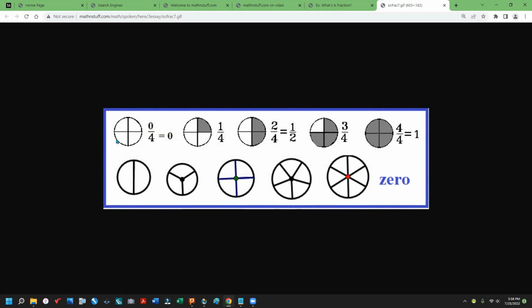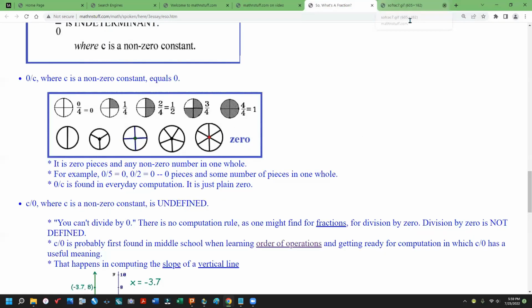We have a whole, in this case, divided into 4 pieces. Nothing has been colored. So that's equal to 0. But these are also equal to 0. This is 0/2, 0/3, 0/4, 0/5, 0/6.